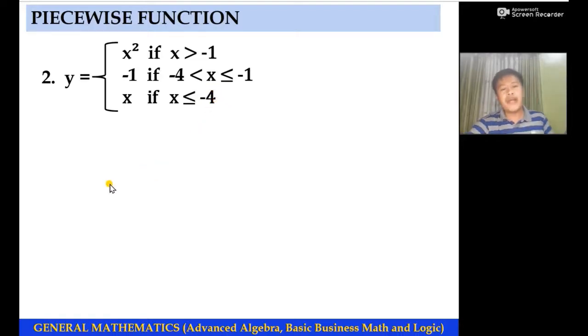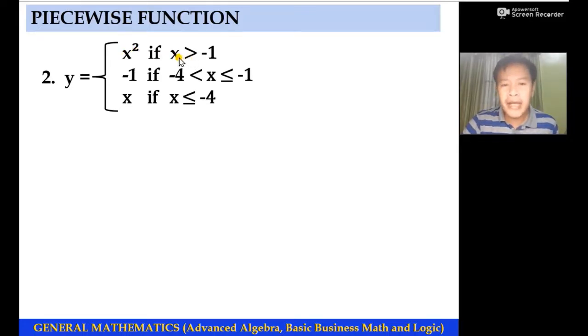And how are we going to sketch the graph of this piecewise function, which is composed of three sub-functions? The first thing that we're going to do is to have the graph of this. We are going to have the table of values for y is equal to x squared. Take note, we have already sketched the graph of y is equal to x squared, and this is the basic quadratic function.